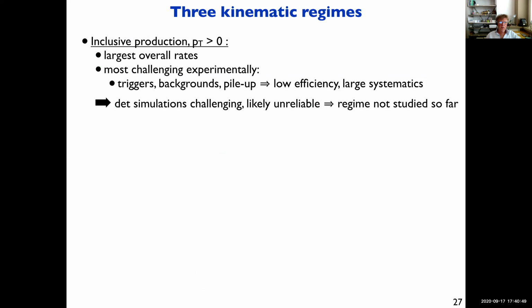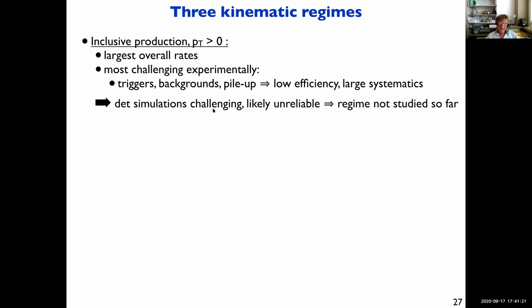So we have 3 kinematic regimes for the Higgs which are interesting. One is the inclusive production, so all Higgs with PT larger than 0. The rates, of course, are huge, but in this machine are extremely challenging because if the Higgs is produced at rest, the final state is 20, 30, 40 GeV particles or objects, so they're very hard to measure in a context of very large pileup.